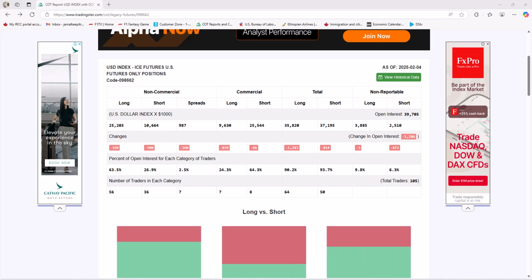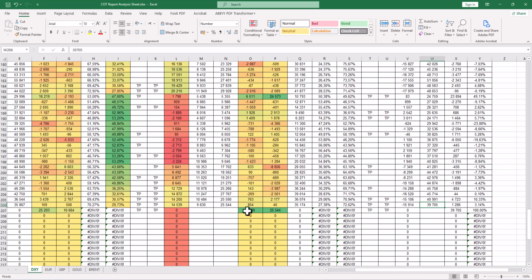I think I already captured this number, yes, it's already captured. 39,705 is the current open interest. So we've had open interest decreasing by roughly 3.14%. But take note of last week's decrease in open interest, from 45,000 to 40,000 plus change. That was a 10% decrease.